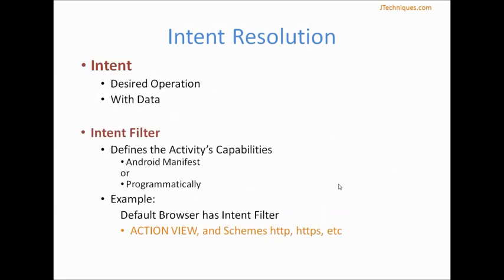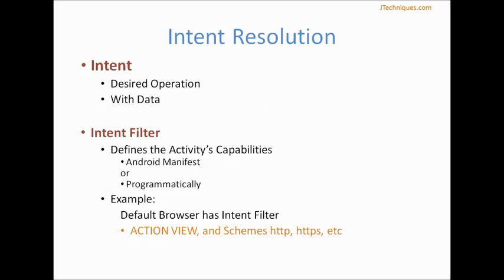This is decided by Android based on two things. First is the intent itself, that is the desired operation and the data. Second thing is the intent filters that are defined in each activity in our phone. Every activity can define what are the things that particular activity can do.